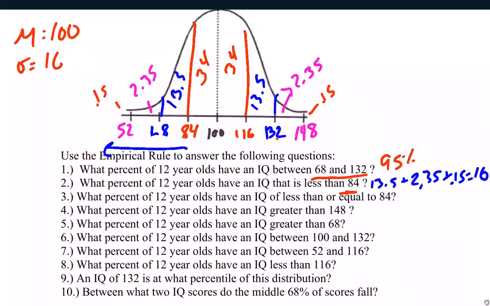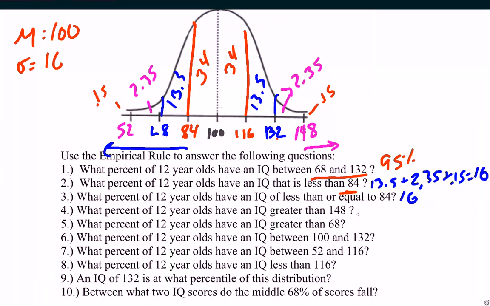Okay, and you're going to notice that a lot of these numbers will start showing up all the time. What percent of 12-year-olds have an IQ that is less than or equal to 84? Well, that's just going to be exactly the same thing I just said. So that is also going to be 16. What percent of 12-year-olds have an IQ greater than 148? Look, I've already labeled this on my diagram. Here's 148. I want the percentage that's to the right.